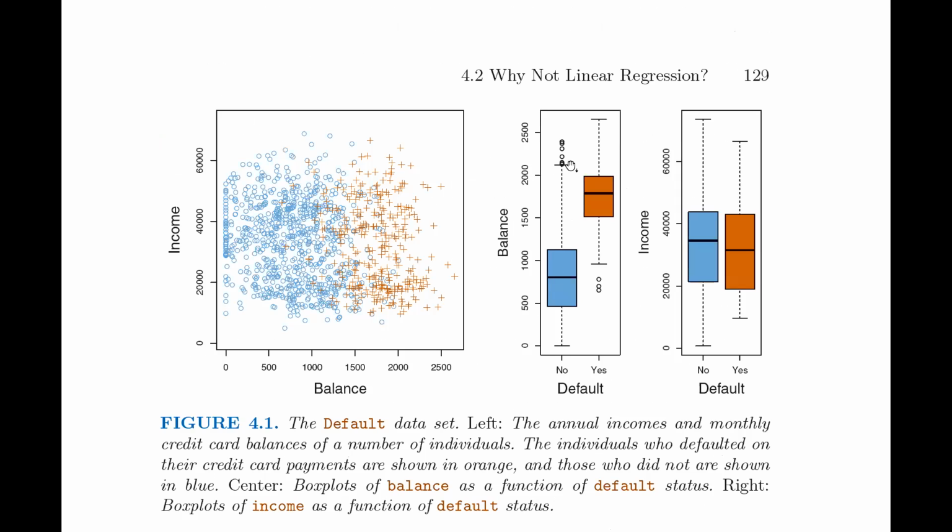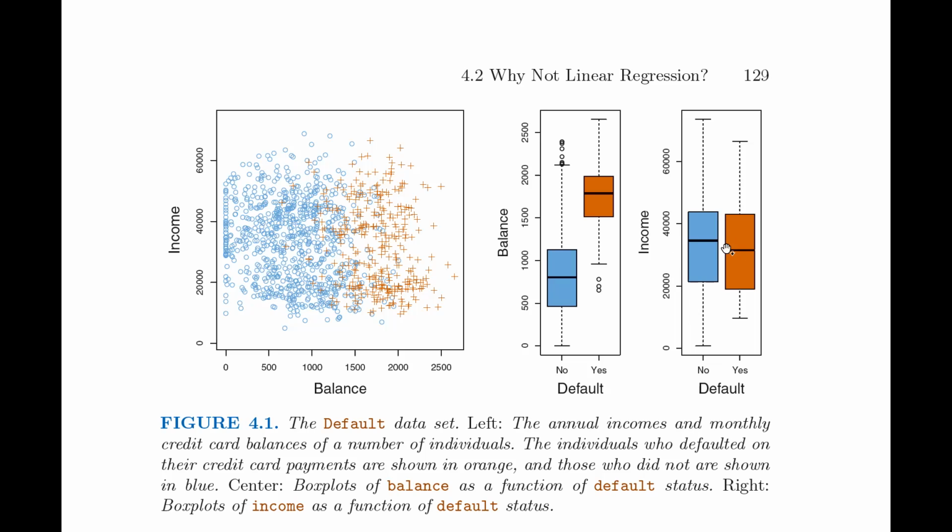So what is the difference between... oh, it's for each one, right? It's for balance and for income. So the natural question to ask is, does income have a statistically significant effect on defaulting?